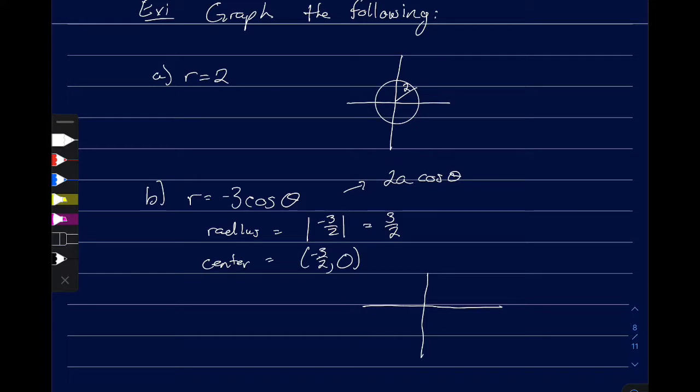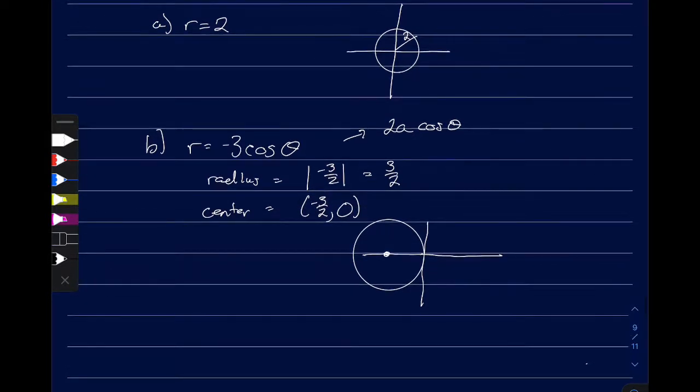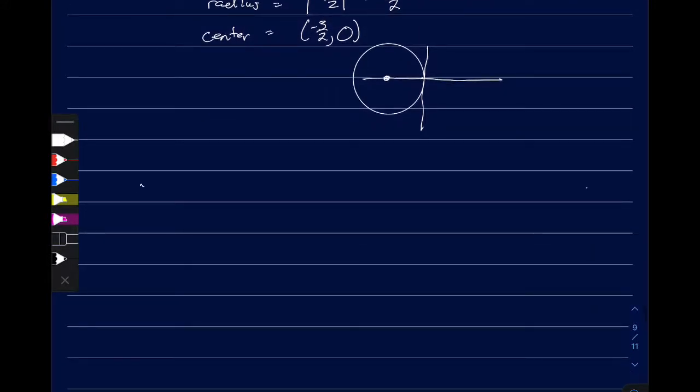So if we go ahead and draw our graph, we have the center at -3/2, 0. And let's see if I can draw it properly. Let's give it another go. It's going to be a circle. One last time, right? Third time's the charm. So we'll draw a circle centered at -3/2 with radius 3/2. And that is going to be -3 cosine theta.